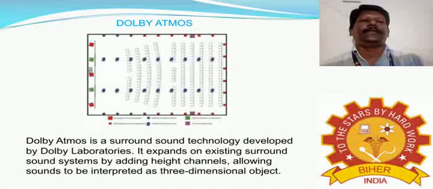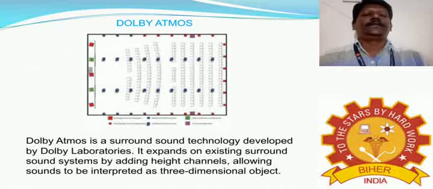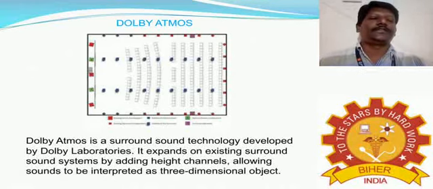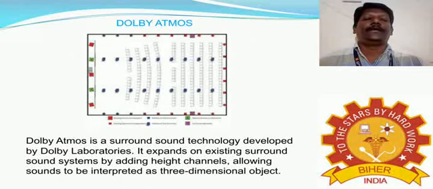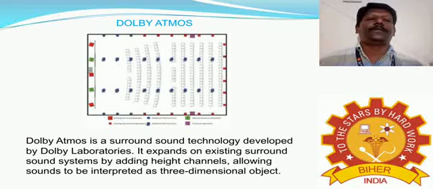Then Dolby Atmos. Dolby Atmos is a surround sound technology developed by Dolby Laboratories. It expands on existing surround sound systems by adding height channels, allowing sounds to be interpreted as three-dimensional objects.